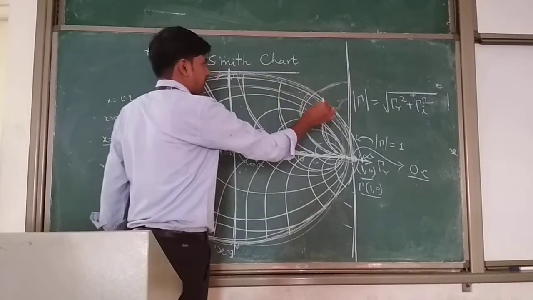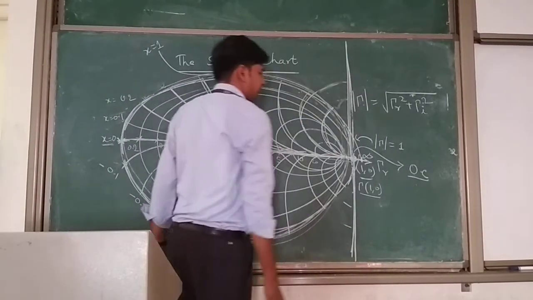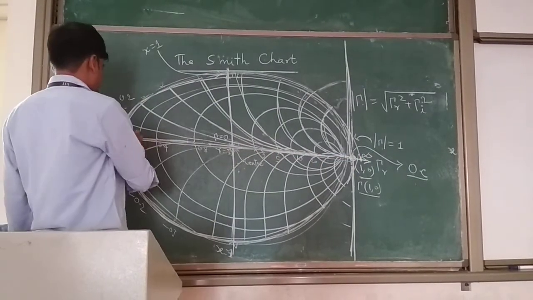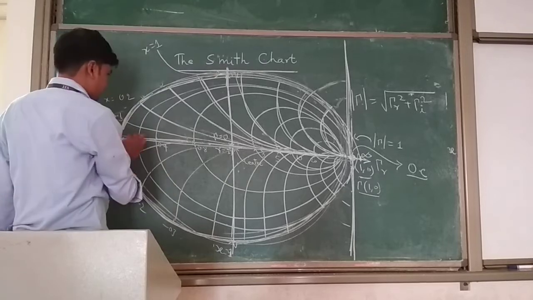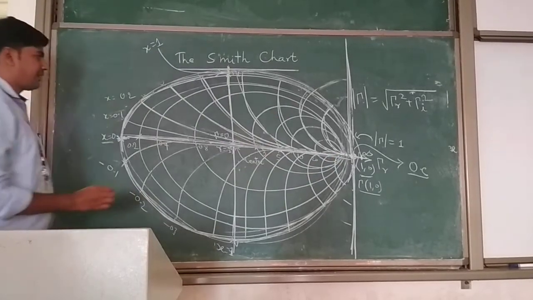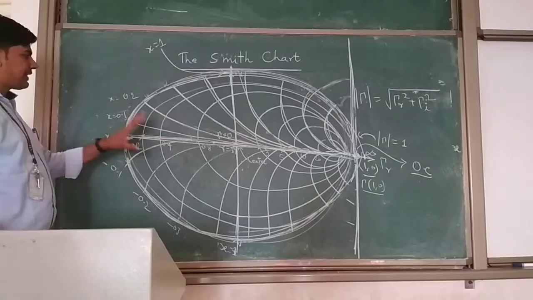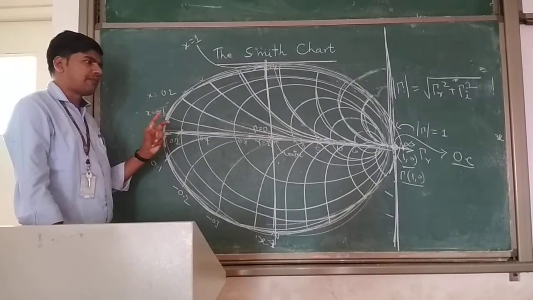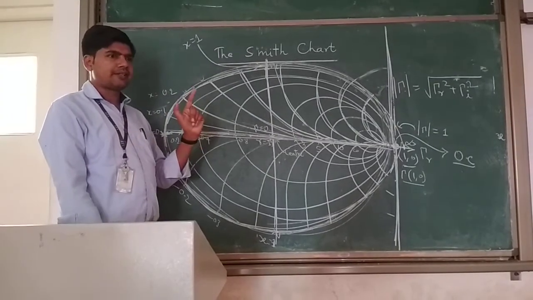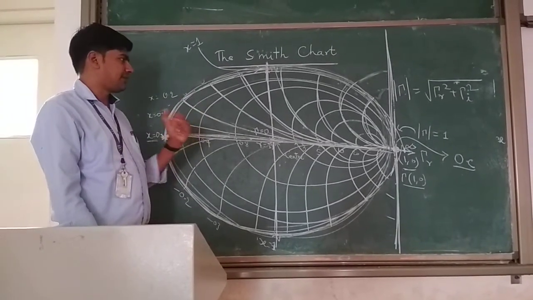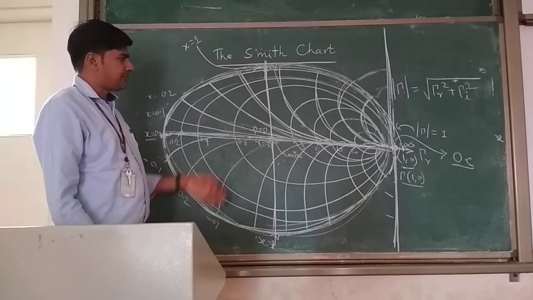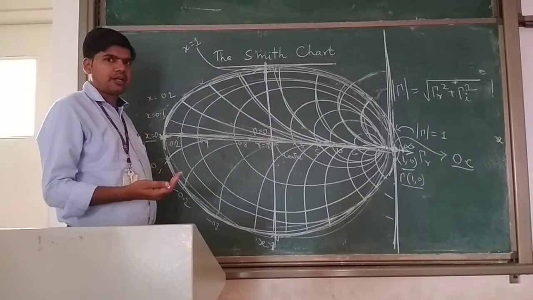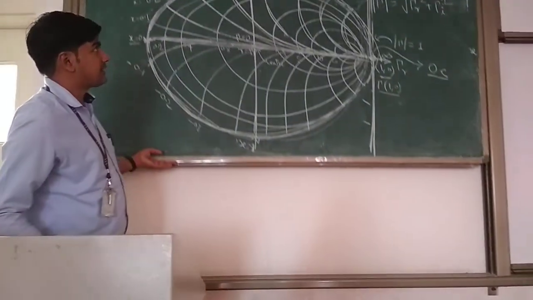So this is R equal to 0 and this is X equal to 0. So this is one axis and then the X equal to 0 axis. Using this, if the load is given, we can find the reflection coefficient, VSWR, return loss, input impedance, etc. So next we are going to find the reflection coefficient, VSWR, input impedance, etc.